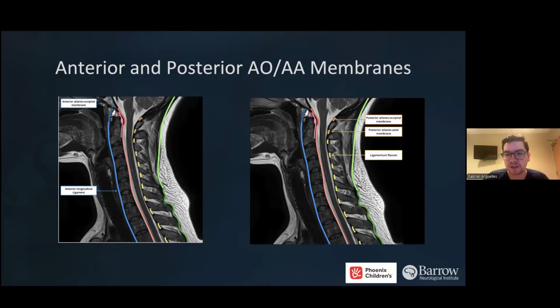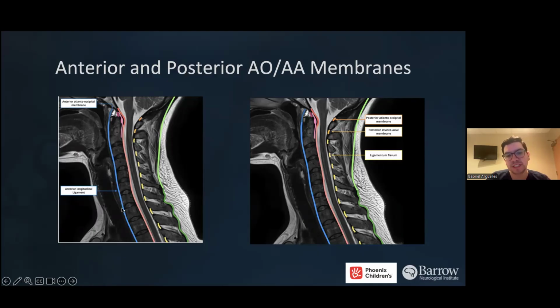If they're able to just be externally held in place with a cervical collar or rigid orthosis, or if they need internal fixation. So the first part is the anterior and posterior AO and AA membranes. These are not very integral to the overall stability of the craniovertebral junction. The anterior AO and AA membranes are an extension of the ALL, the anterior longitudinal ligament that we're more familiar with in the rest of the spine.